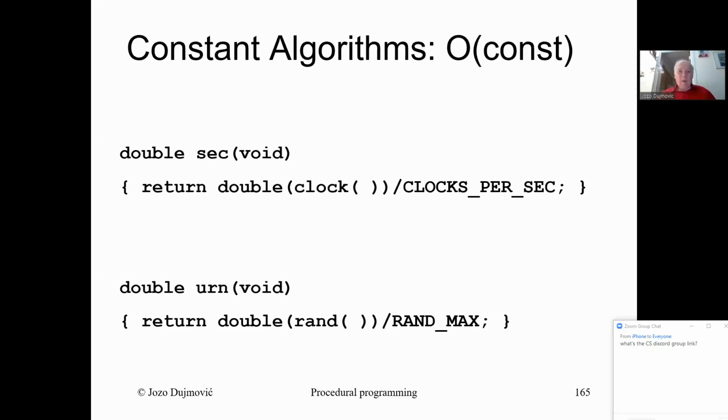So the constant algorithms are exemplified by the clock function. So it has a clock function here, and the clock function is taking the content of the clock register, which is updated by the operating system 100 times per second.